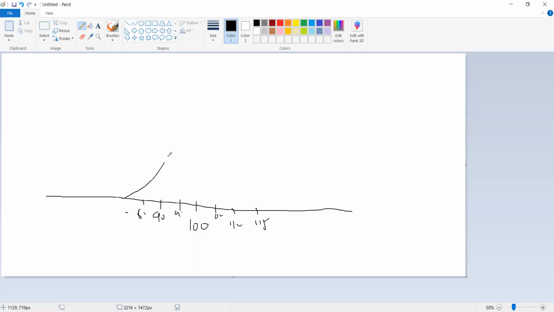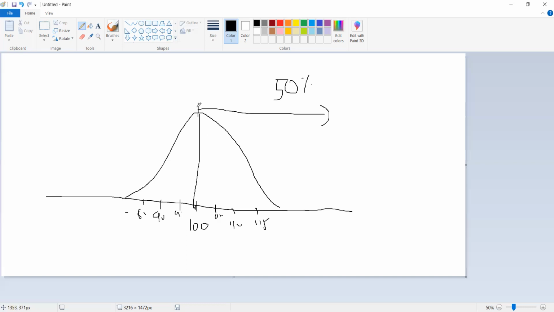Now the graph will look something like this. This is your 100, and this is dividing the data into 50% and 50%. Normal data, normal graph, okay?